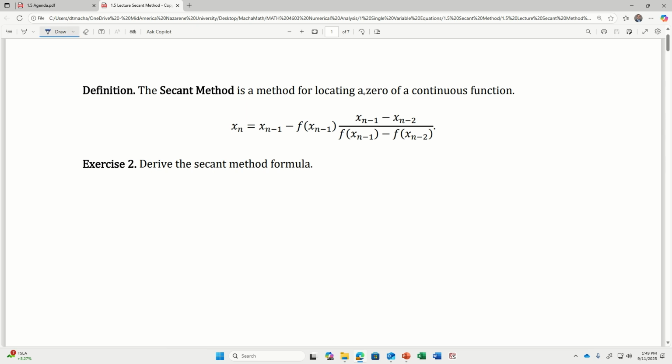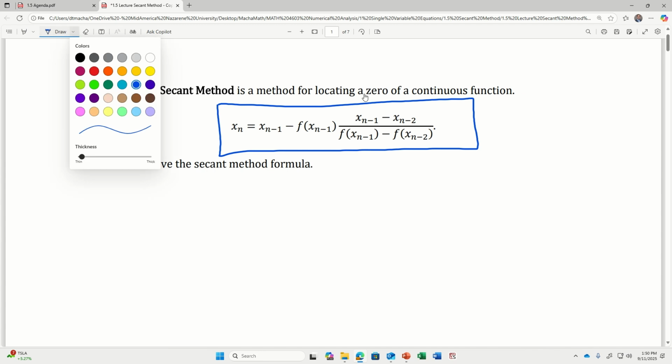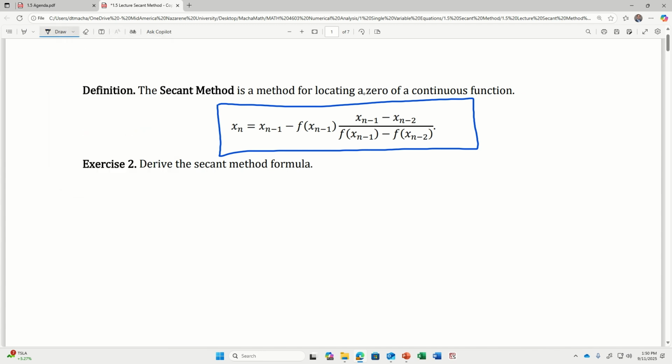So the secant method is this. It's a really big formula. And I'll try to draw you a picture of what we are doing when we use the secant method.